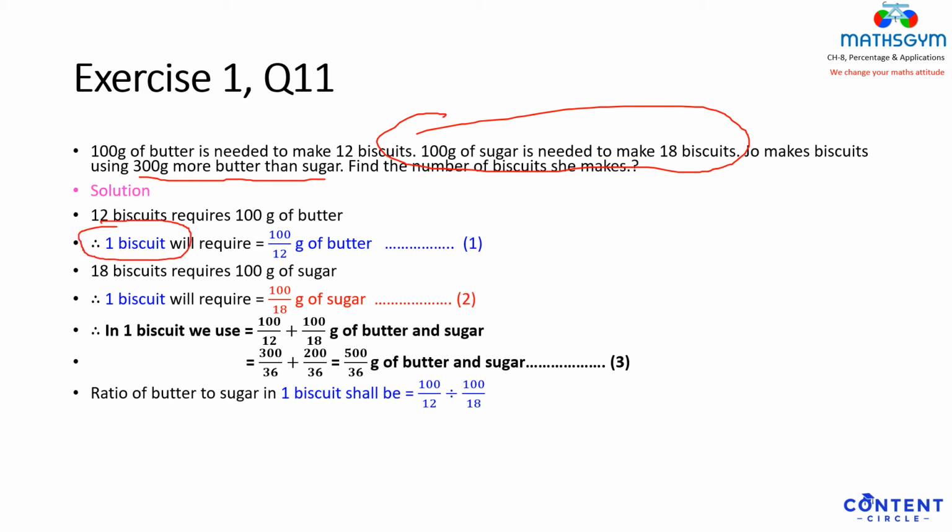So in one biscuit, what is the quantity used? So we have first made this as our basic parameter. So 100 upon 12 divided by 100 upon 18, this would eventually become 18 upon 12, and finally you get the ratio of butter to sugar in one biscuit as 3:2.